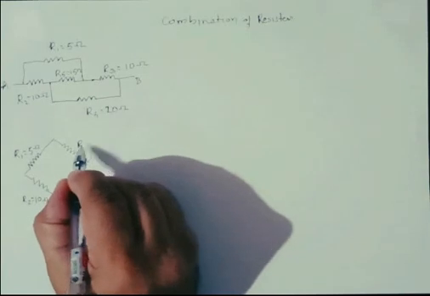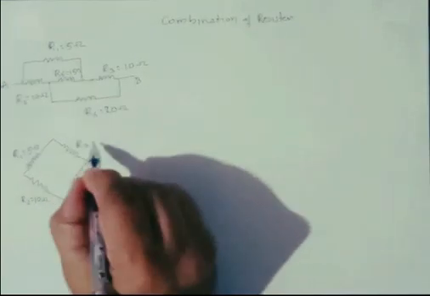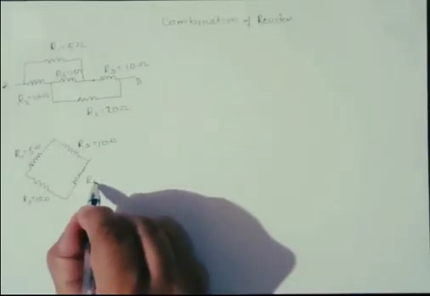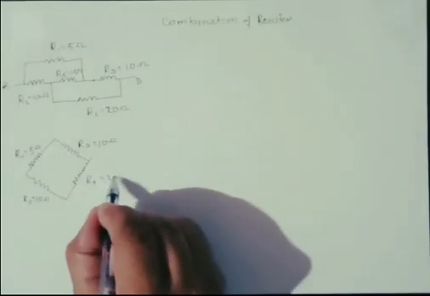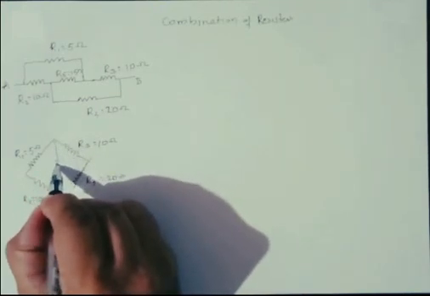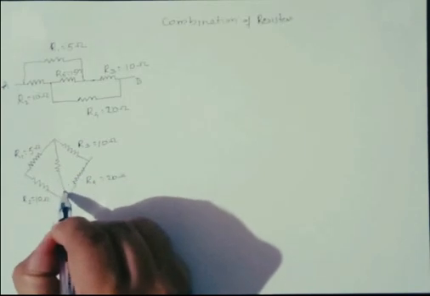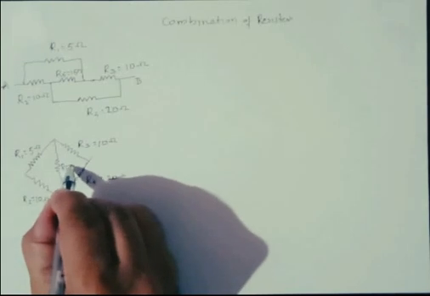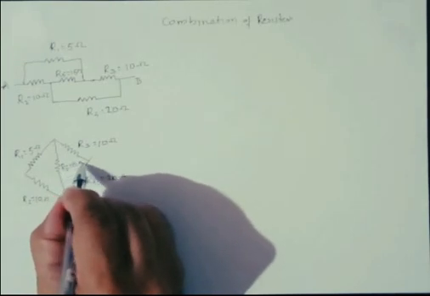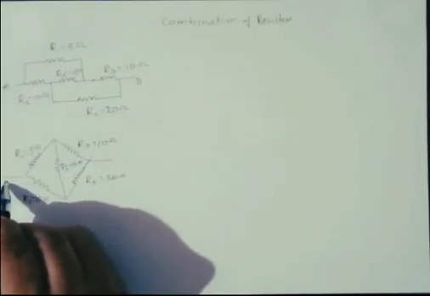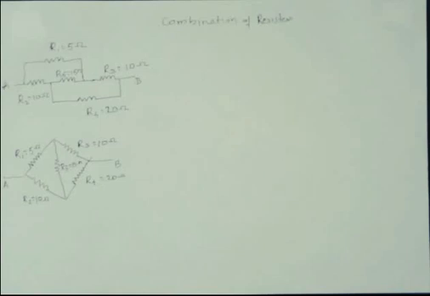This is R3, equal to 10 ohm, and this is R4, 20 ohm, and we have a diagonal resistance connected here. This is R5, that is 15 ohm. Now you can see that the power needs to be connected across these 2 points. This is A and this is B. This is the actual equivalent circuit of the circuit shown above.